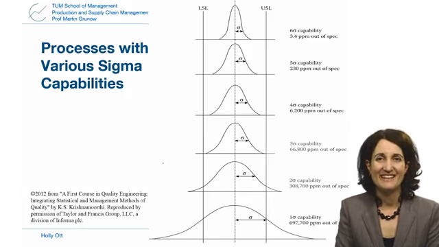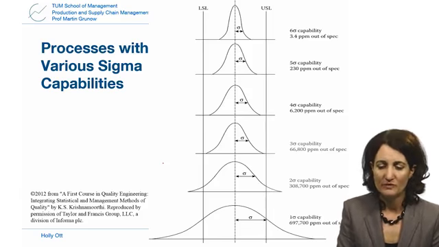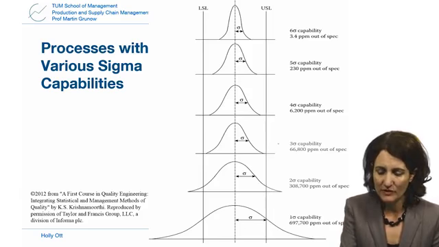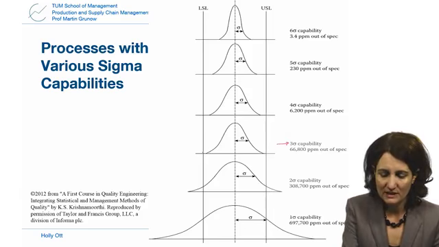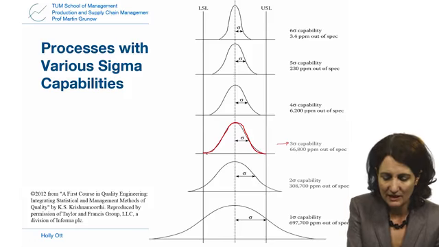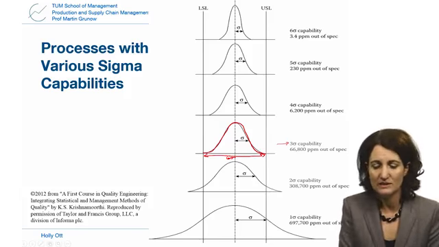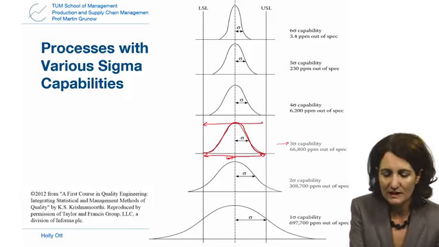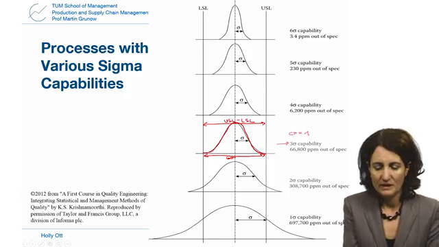The key takeaway is that the variability of the distribution, the spread, as measured by the sigma, should be small compared to the specification limits. So let's start with the 3 sigma capability. You see that basically the spread of the process, which we say the allowed spread is plus or minus 3 sigma, so total 6 sigma, falls exactly within the specification limits. So you end up with your Cp equal to 1.